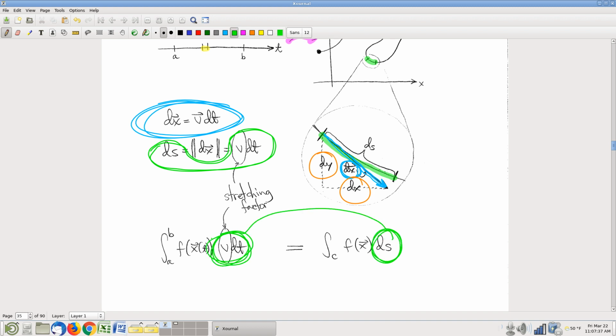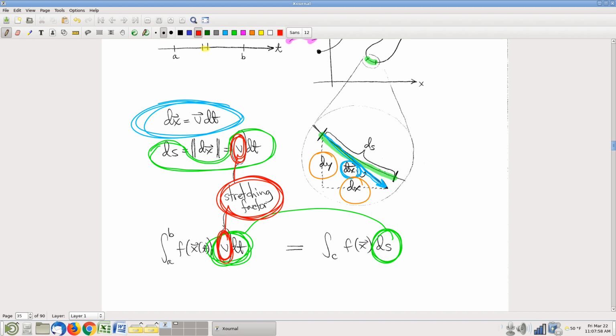So ds is v dt. Notice that means that this thing here, our stretching factor, the thing that we multiply by dt to get ds, is the speed. And everything else is just a matter of plugging in, just a plain old pullback.